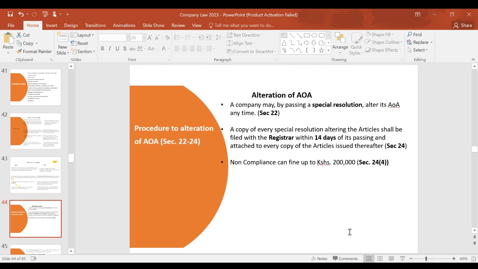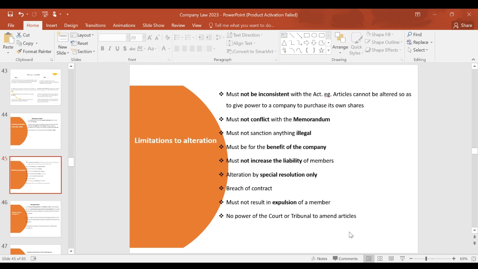There is, however, an important part for us to understand: following the alteration of the Articles of Association, the company must lodge this with the registrar of companies within 14 days as required under Section 14. Failure to do this can attract a fine of up to 200,000 Kenyan shillings.